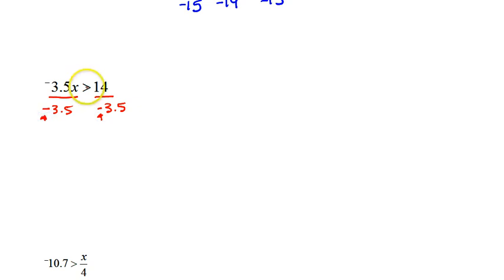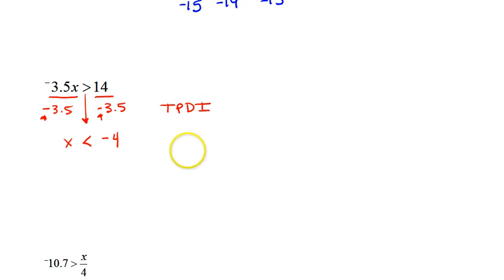That means I have to flip the sign. Here I have x. Over here I have negative 4. So x is less than negative 4. This would be the transformation principle of division for inequality.